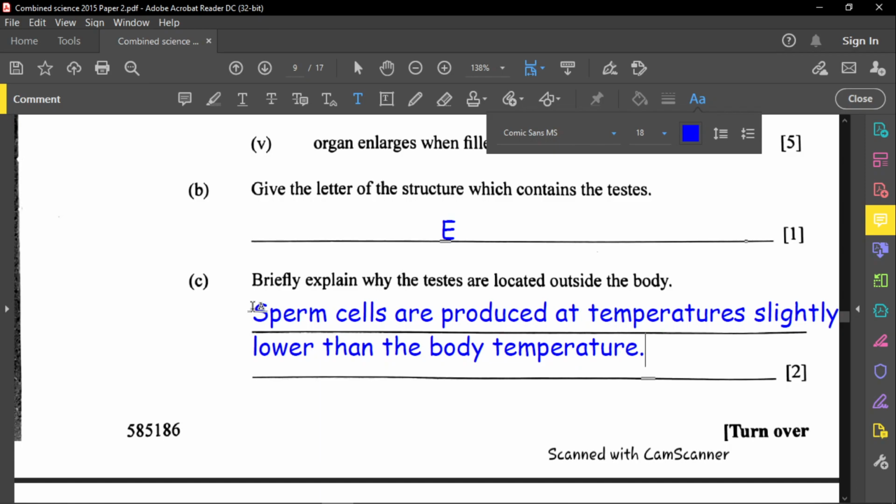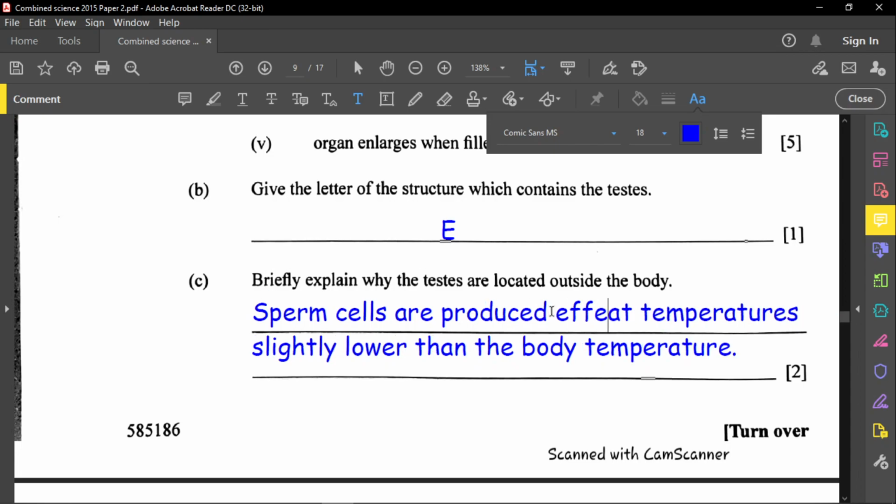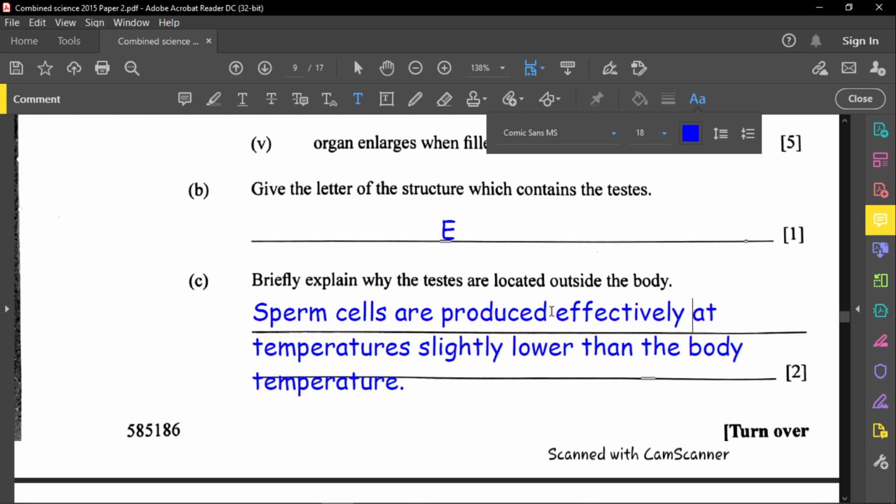I also want to put the word effectively right here, because I'm not saying it cannot produce, but it produces more effectively if the temperature is lower than the body temperature. Because if the temperature is too high, or at the body temperature, then the immature sperm cells can be destroyed or become denatured.